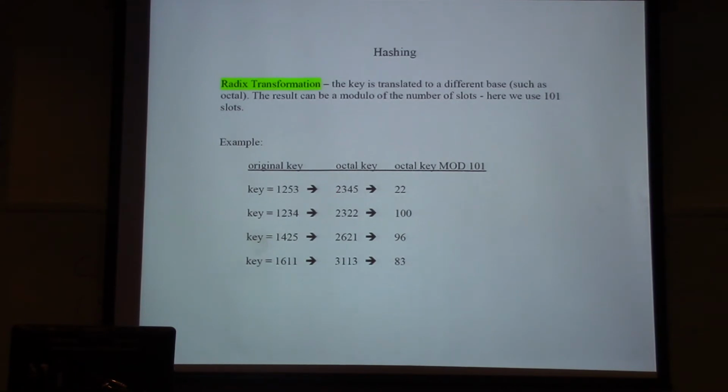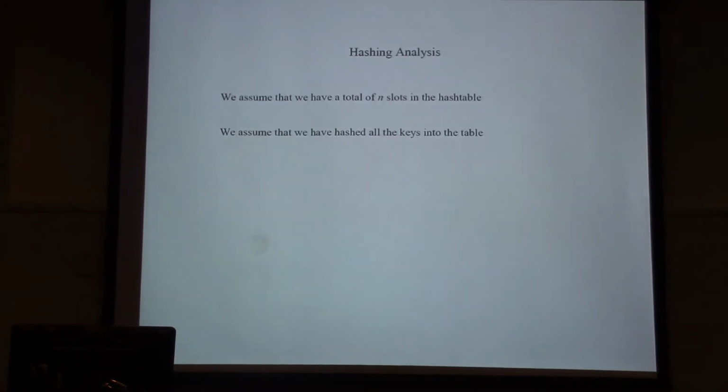So 2 times 512. Get the idea? And then do an octal key modulo 101, which is a prime number. Again, you get crazy number distributions. And you get all numbers. Modulo returns 0 up to 100, so you have 101 possible targets.